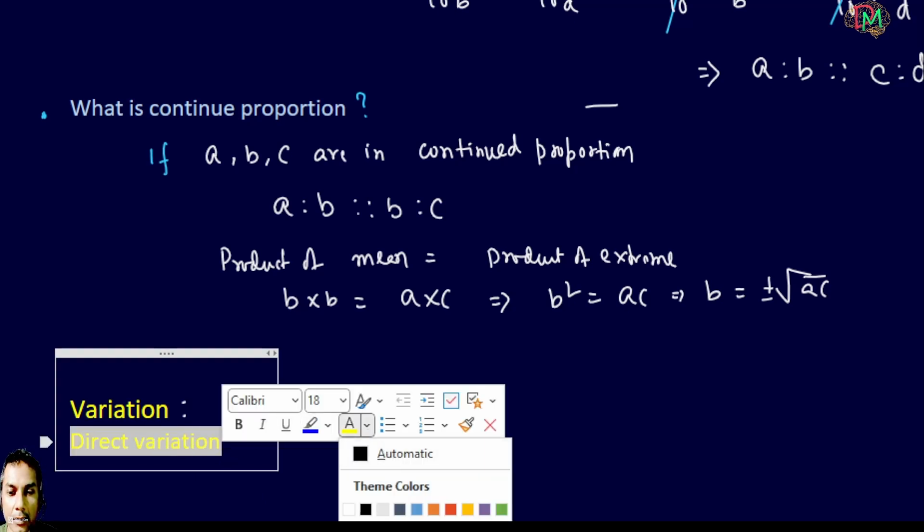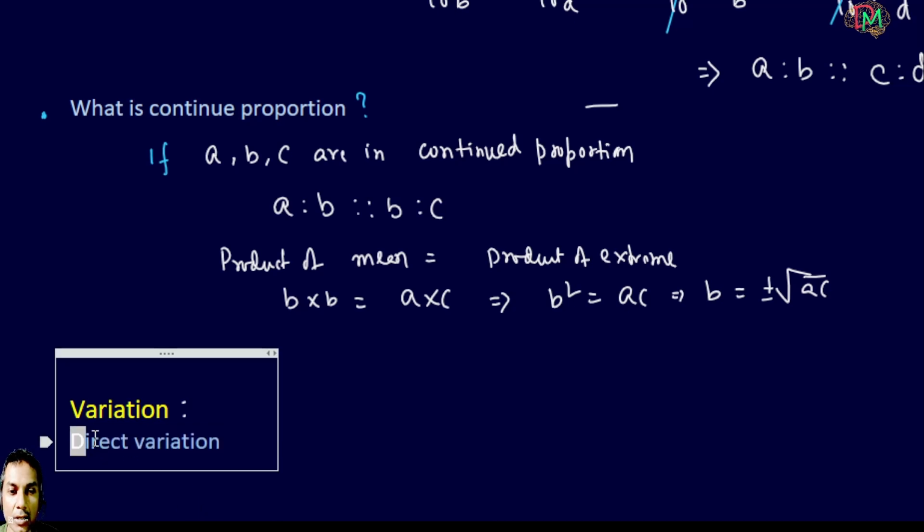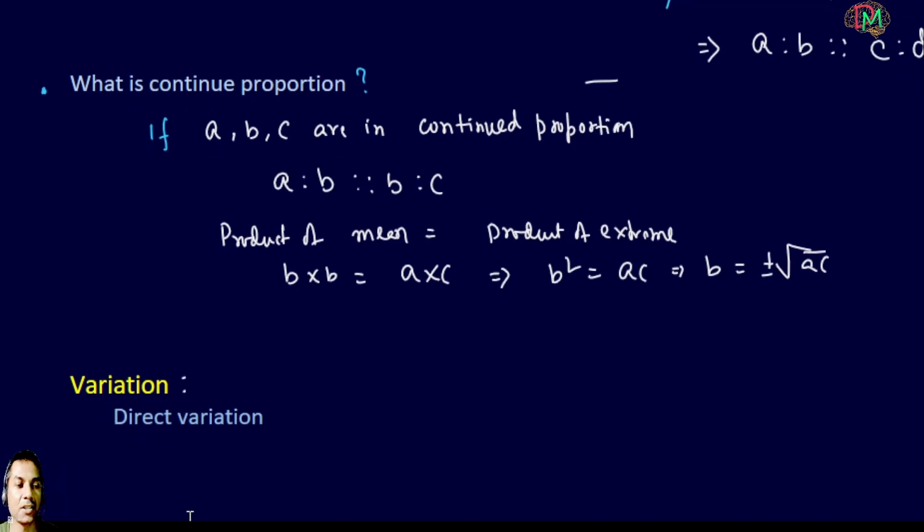When one quantity changes in direct relation, meaning if one quantity increases, the other quantity also increases, and if one quantity decreases, then the other quantity also decreases, then we can say it is direct variation. It can be represented as, suppose two quantities a and b are in direct variation, then we can write a proportional to b.